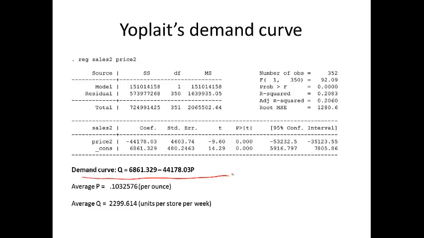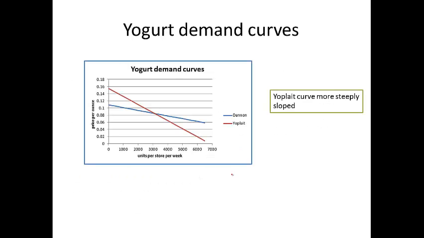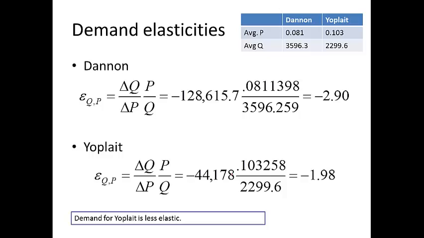Now when we translate those demand curves into the way we usually write them, we get this picture. The Yoplait curve is the red one, and the Dannon curve is the blue one. The Yoplait curve is more steeply sloped, which kind of looks like it's more inelastic. But let's see where that intuition takes us.